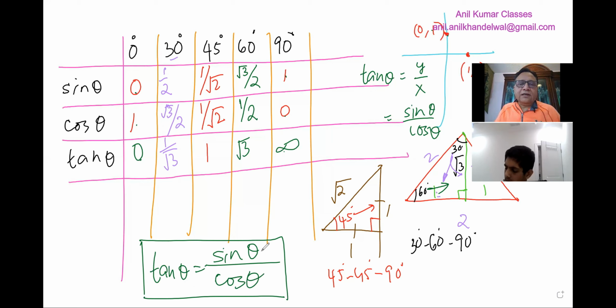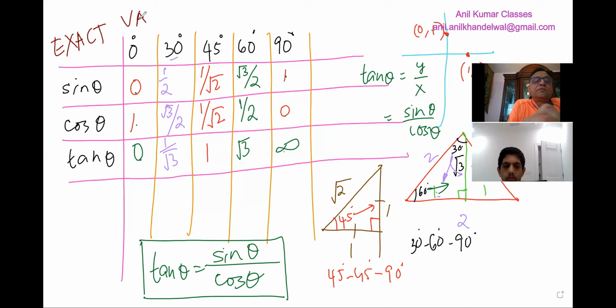So that completes all our angles from 0 to 90 degrees, and the values are given to us in what we call exact values. Is that clear? These are the exact values, no decimals.